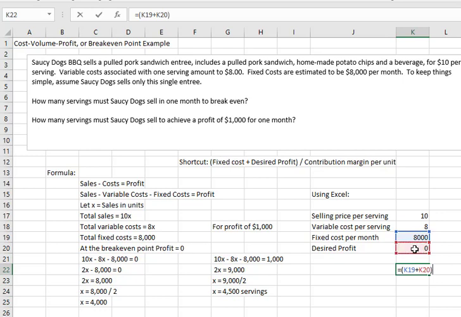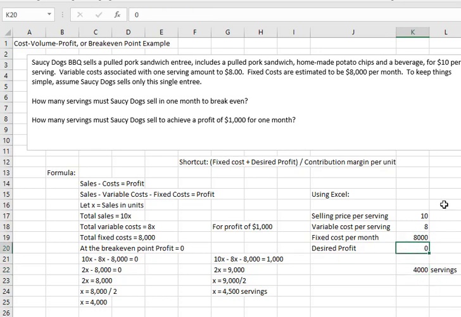And then I'm going to divide that by my contribution margin per unit, which is selling price minus variable cost. So that gives me contribution margin per unit. Then I hit Control Enter, and then I've got 4,000 servings to break even.